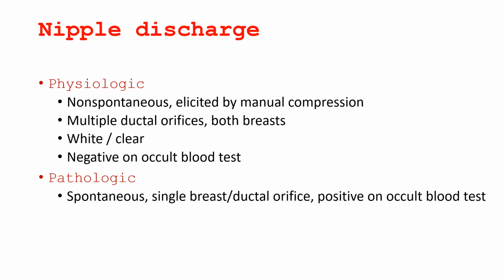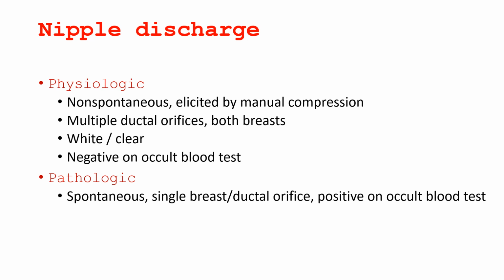Nipple discharge. The first step in evaluation of nipple discharge is to determine whether the nipple discharge is physiologic or pathologic. Physiologic discharge is non-spontaneous or elicited by manual compression of the nipple. It involves multiple ductal orifices and is present in both breasts.